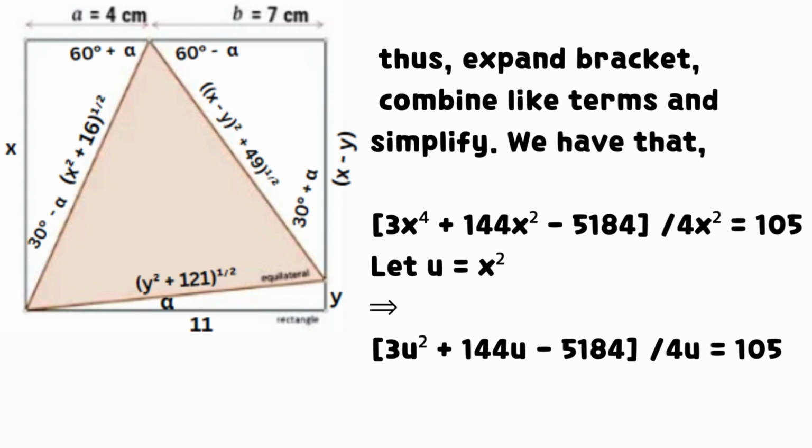For simplicity, let u equal the square of x. This implies that the product of 3 and the square of u plus 144 times u minus 5184 all divided by 4 times u equals 105.